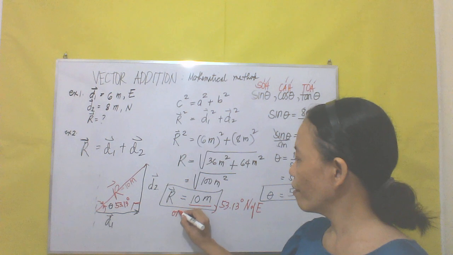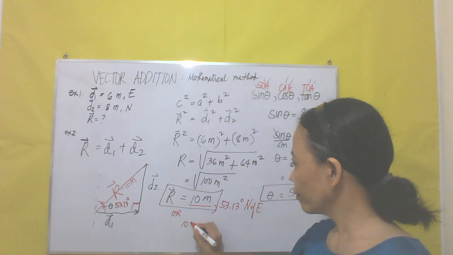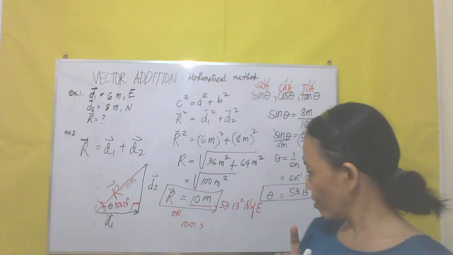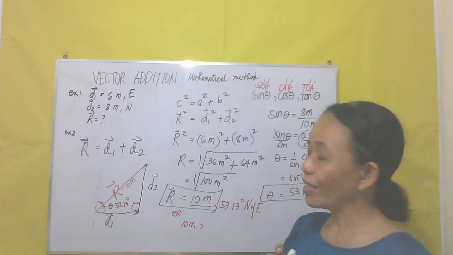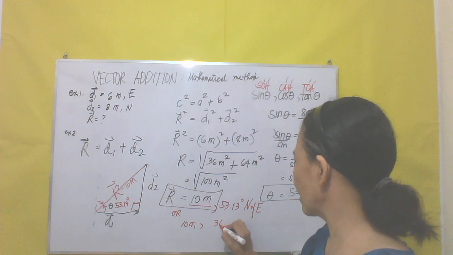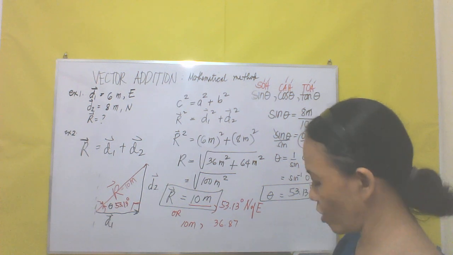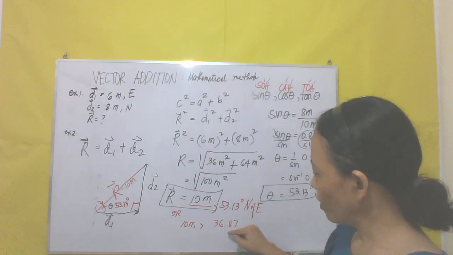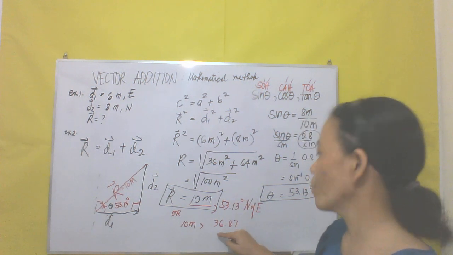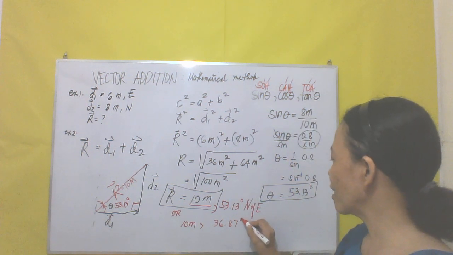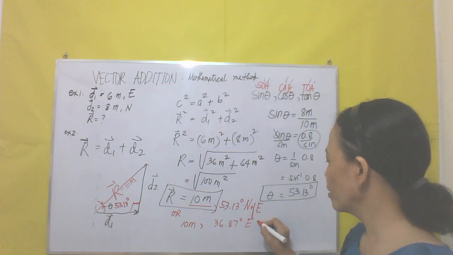Or, 90 minus 53.13 is 36.87. Can you check if it is 90? 3 plus 7 is 10, carry 1, so we have 90. So 36.87 degrees east of north.